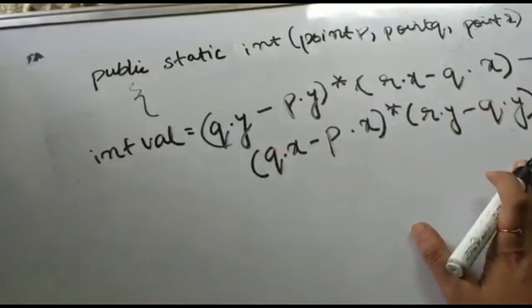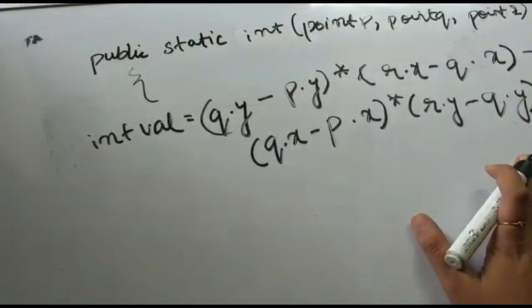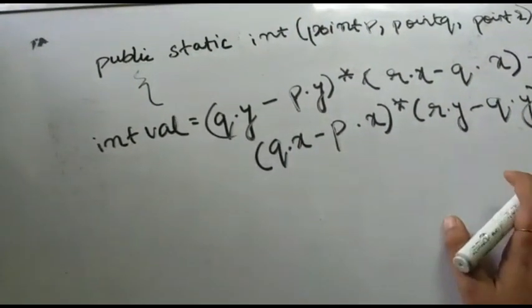This is actually a formula to find out if a point lies on the polygon or not.